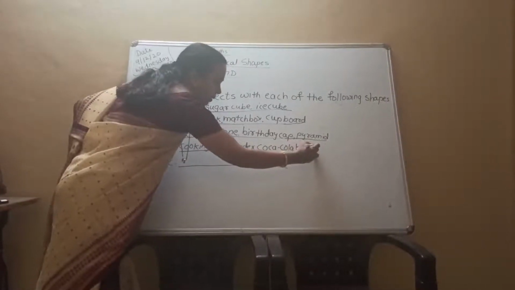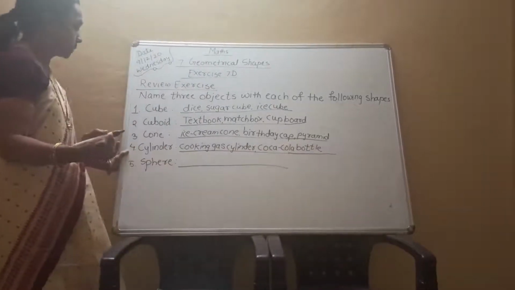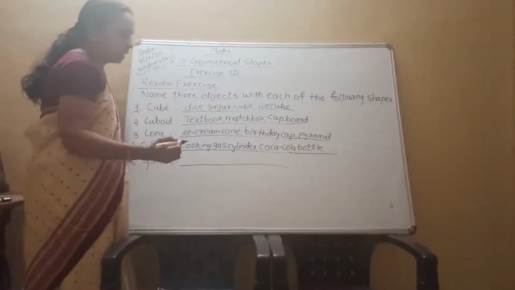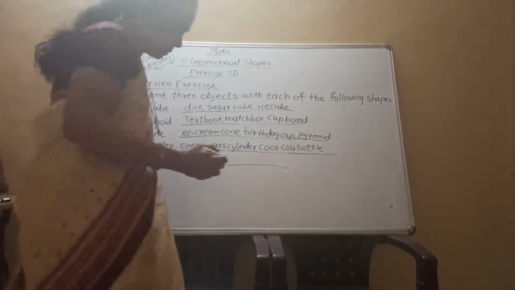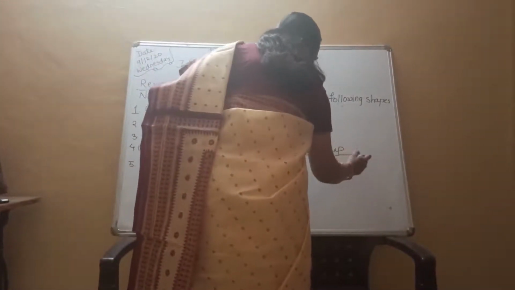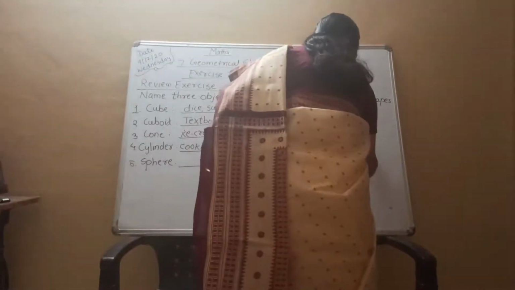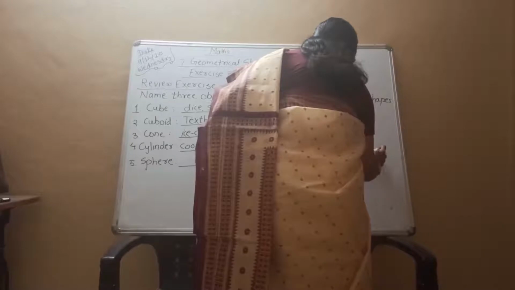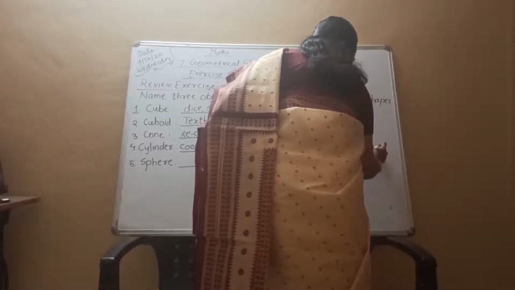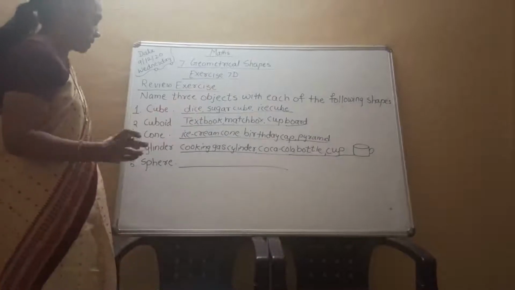You know that advertise very well. Coca-Cola, thumbs up. Okay. Then very common example is our cup. That big shape, this shape cup is there. So this is of cylinder type.